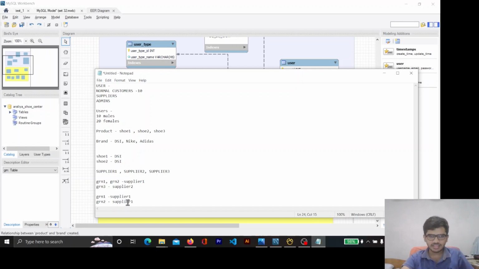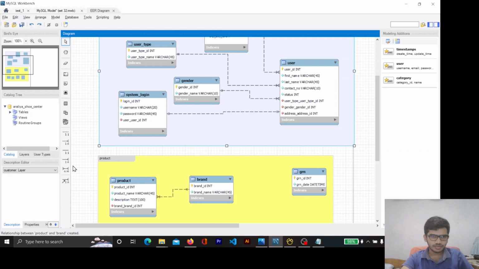So the supplier is repeating and the GRN is not repeating. So this is the repeating side and this is the non-repeating side, right?